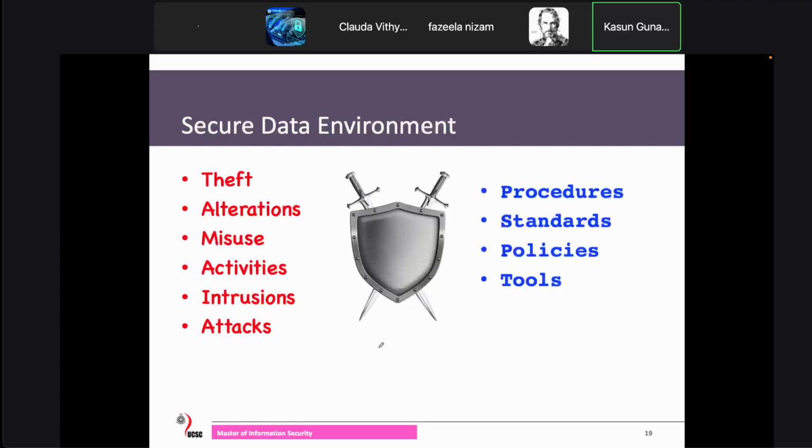So secure data environment is basically against these theft, alterations, misuse, any other activities, intrusions, and attacks. So we should have a shield against all these negative impacts.